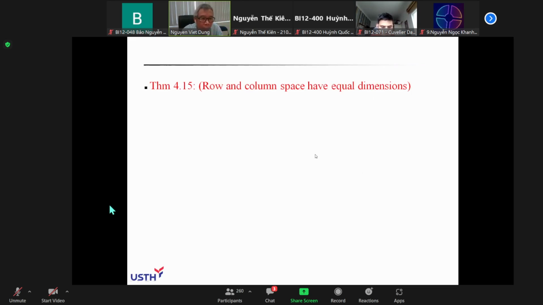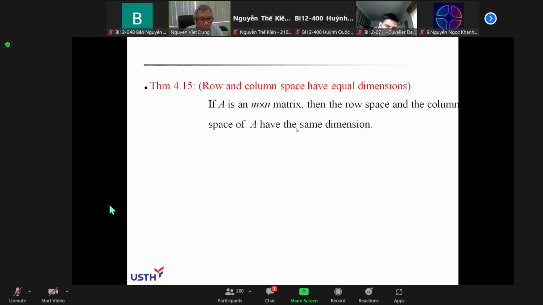The next observation claims that for one matrix A, the row space and column space always have equal dimension.